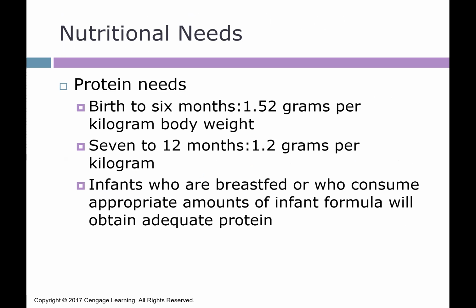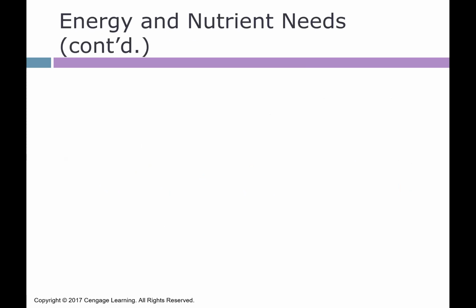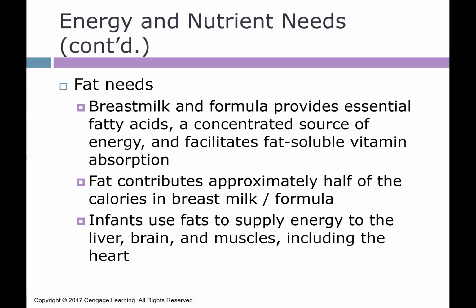So for protein needs, it's again 1.52 grams per kilogram of body weight, and from 7 to 12 months, it's 1.2 grams per kilogram. Infants who are breastfed or who consume appropriate amounts of infant formula will obtain adequate protein through the breast milk or through the infant formula. Formulas are manufactured specifically to meet protein needs when given in the right quantities.